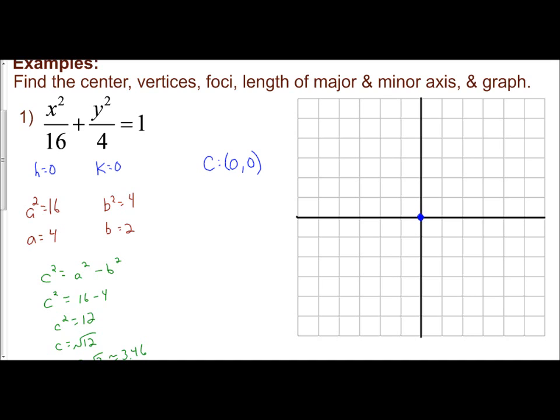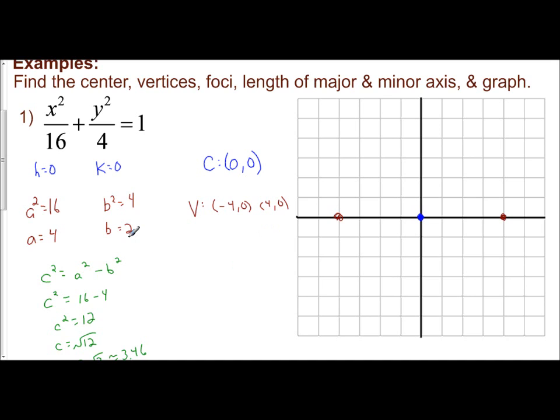And so when I want to identify my vertices, you notice your a is under your x. So that means for your a being 4 from the center, go 4 units along the horizontal. There's a vertex. Go 4 units in the other direction, and there's a vertex. So one of my vertices is located at negative 4, 0, and the other one is located at 4, 0.